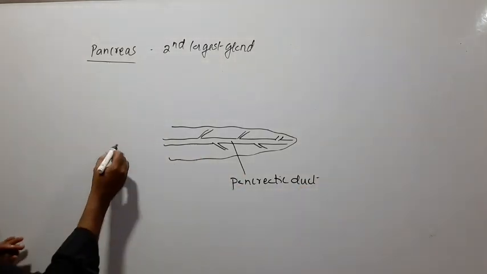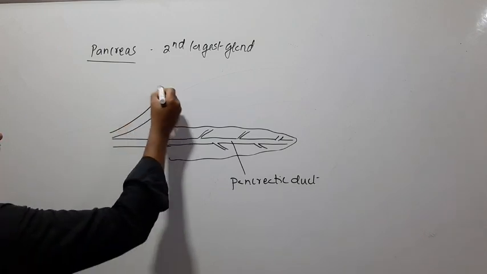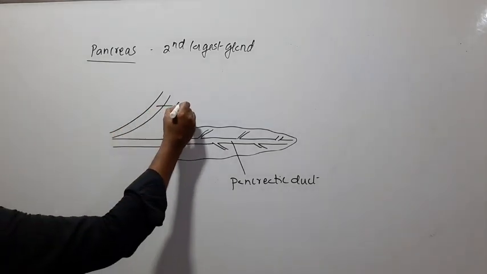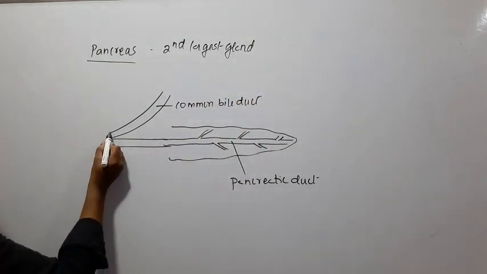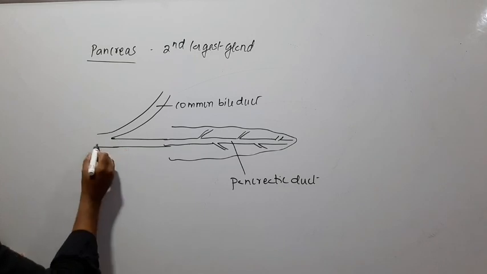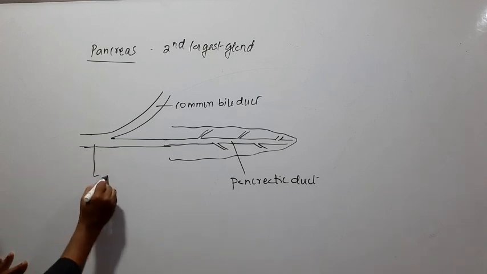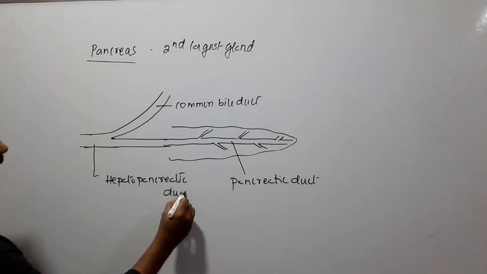In the previous session, we saw that this pancreatic duct will join with the duct coming from the liver, which is the common bile duct, and together they form the hepatopancreatic duct.